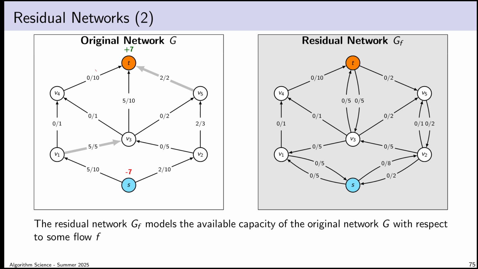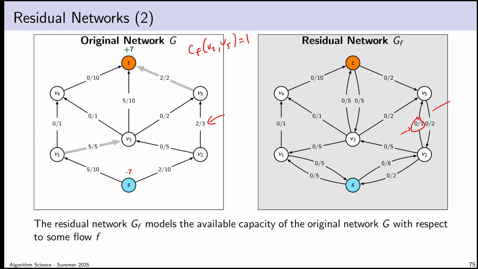Okay, fair enough. Let's try this edge here, the edge V2, V5. So in the current state of the network G, the residual capacity from V2 to V5 is 1. I can currently push up to 1 more unit of flow from V2 to V5. Notice that over here in my residual network, the edge from V2 to V5 has capacity 1.